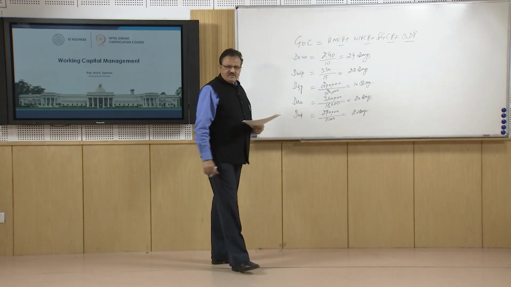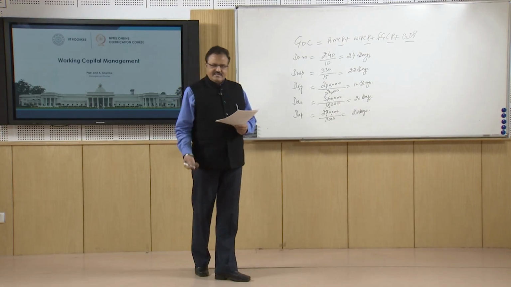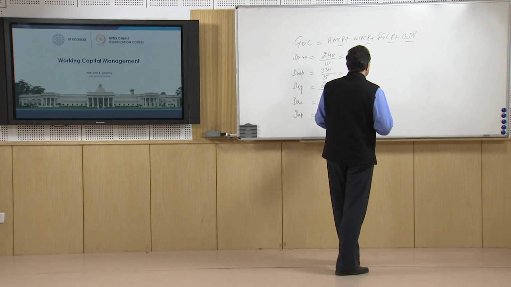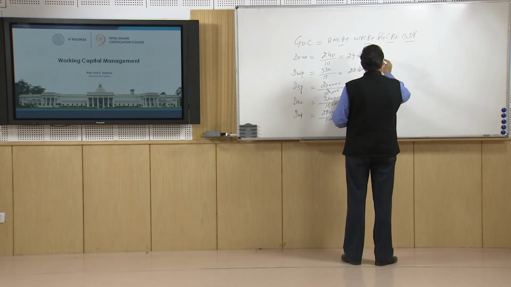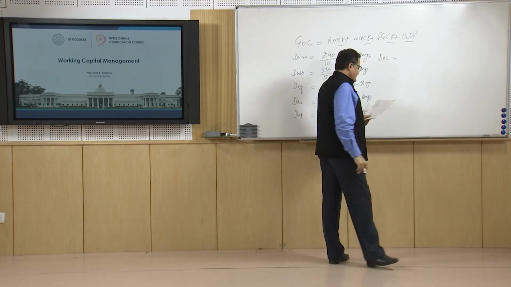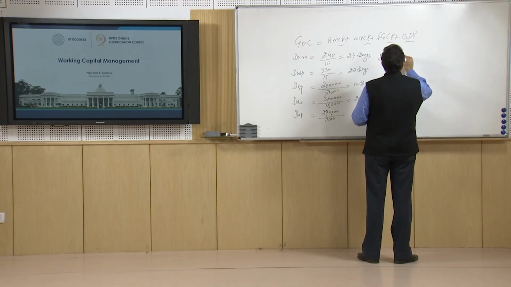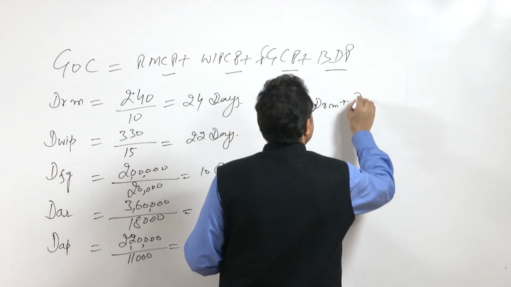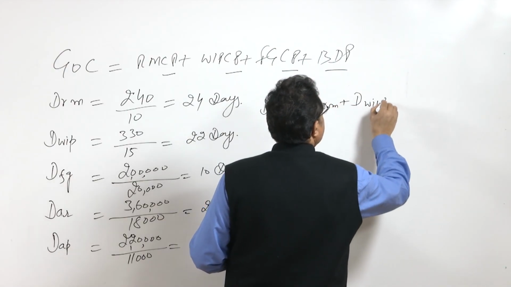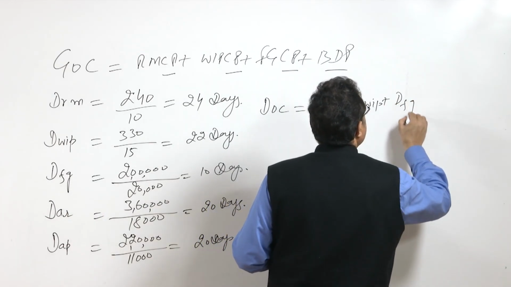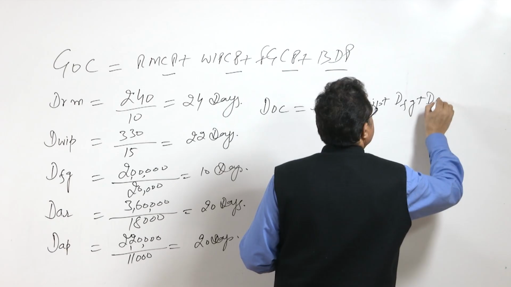So now we have calculated all the 5 durations, and we can easily calculate the duration of the operating cycle, that is DOC. DOC is DRM plus DWIP plus DFG plus DAR.